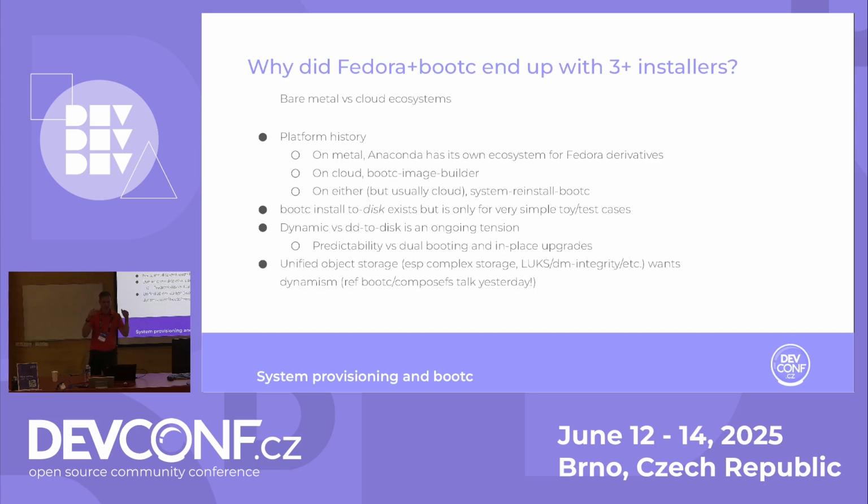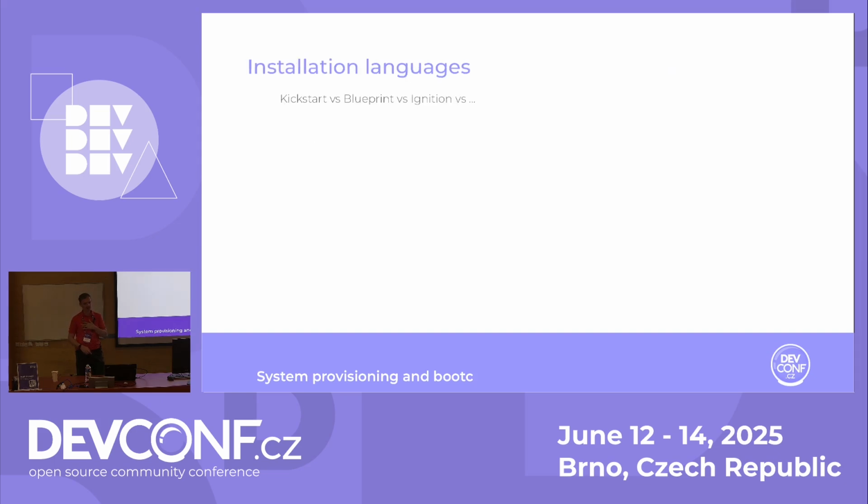And where we're going with this, because of this flexibility, we can have a unified object store. Basically, to have deduplication between multiple images that are stored into a single file system tree. That's basically how bootc works, and that's where we'll be evolving things with ComposeFS.